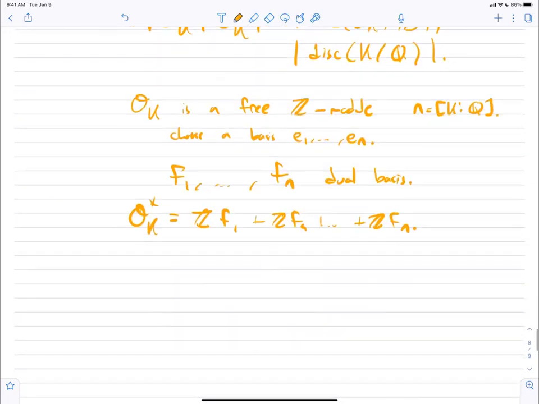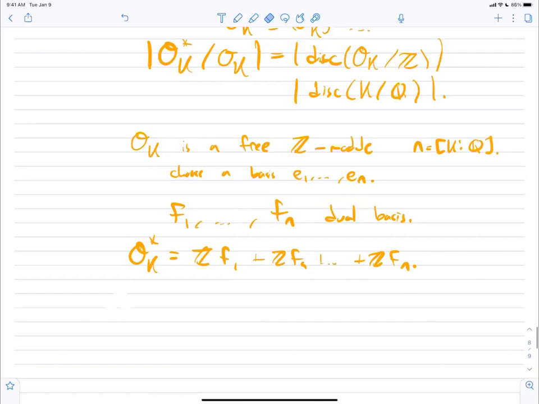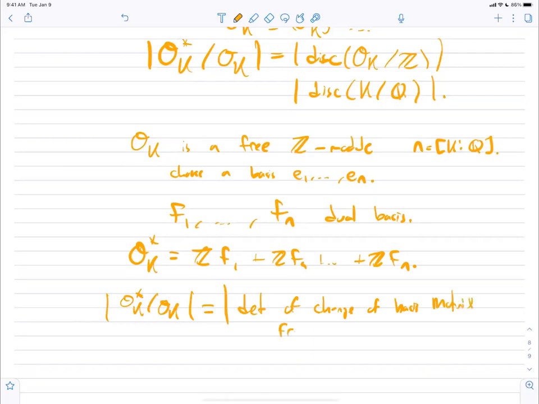And so then the quotient OK dual mod OK, by completely standard facts about Z modules, about abelian groups, or really about linear algebra, the size of this quotient you can compute as the value of the determinant of the change of basis matrix from the FIs to the EIs.